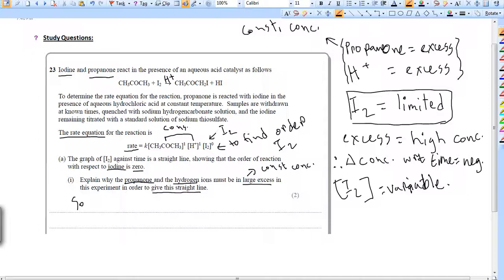We are determining the order of iodine only, so we keep these constant and we are not determining the overall order.